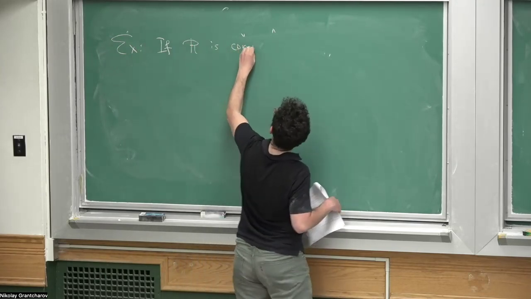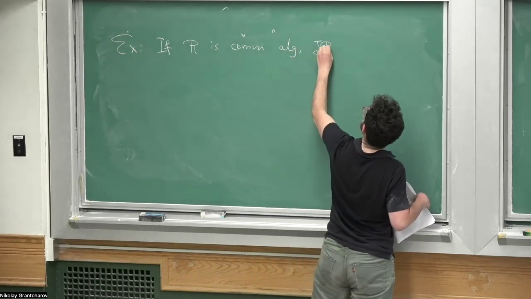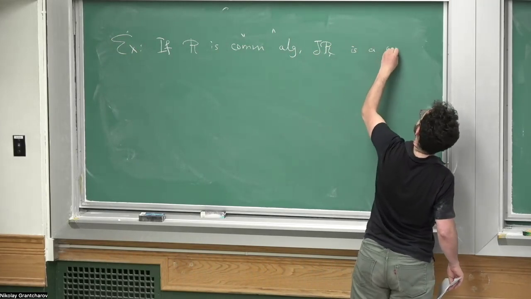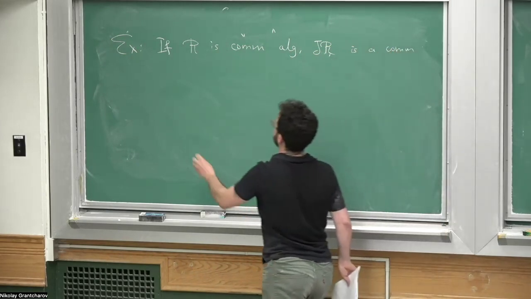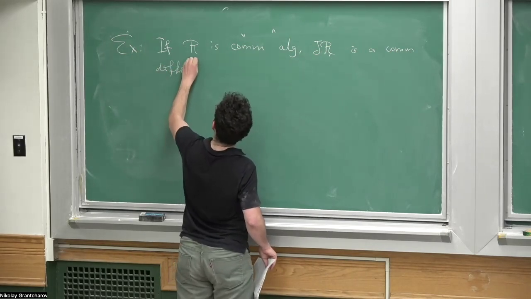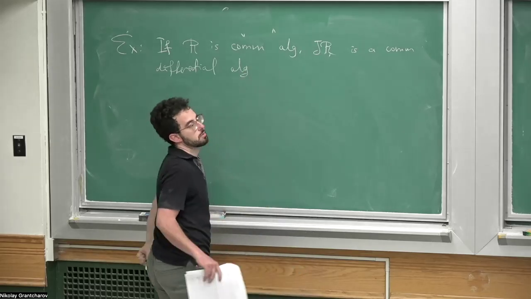Commutative algebra. And it is a commutative differential algebra, and therefore has a structure of a commutative vertex algebra.